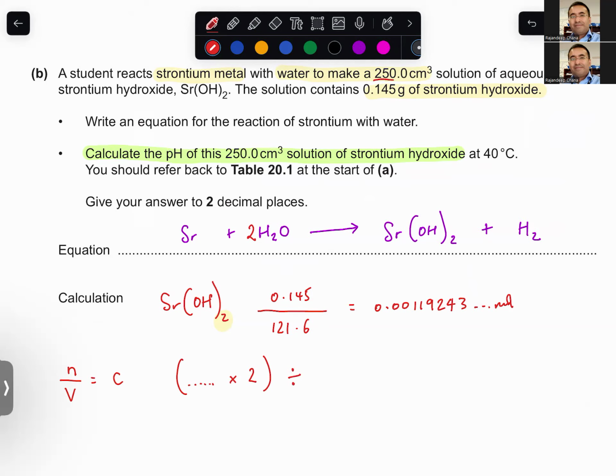The volume is 250 centimeters cubed, which is 0.250 decimeters cubed.